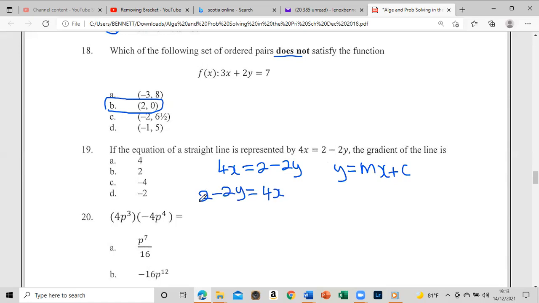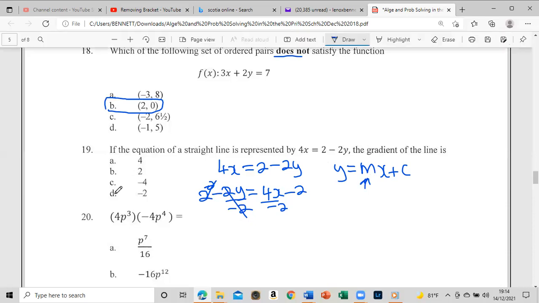I get rid of that 2, so minus 2, and then we divide by negative 2. So 4 divided by negative 2. Remember, this is the gradient, this is what we are focused on. 4 divided by negative 2 is negative 2.